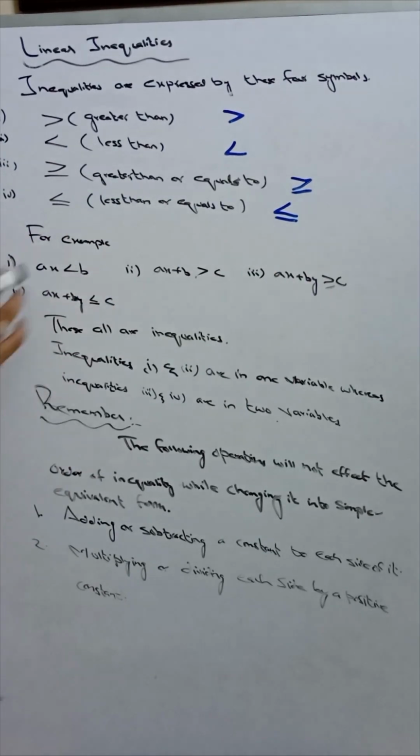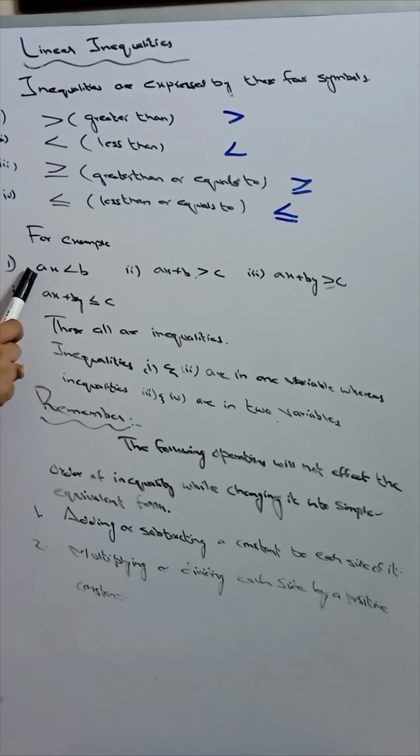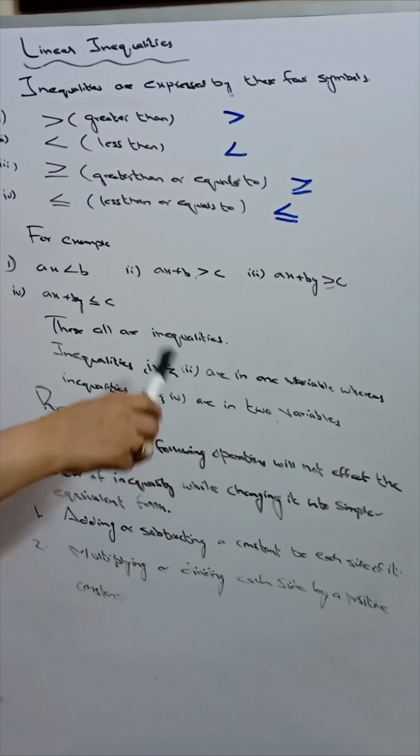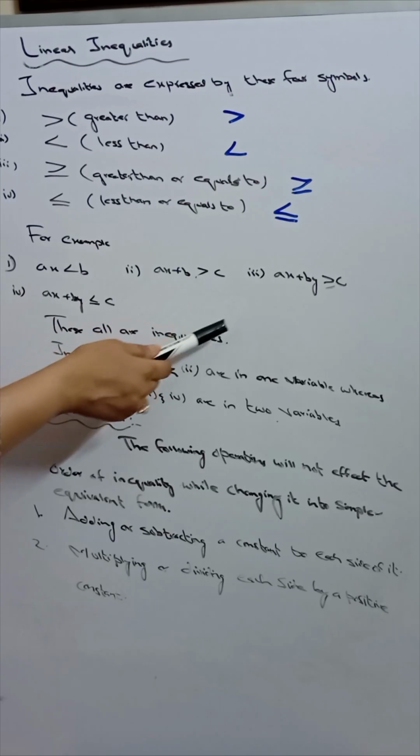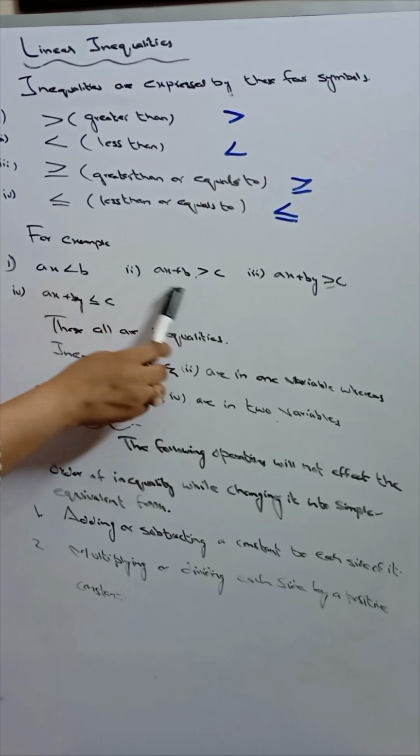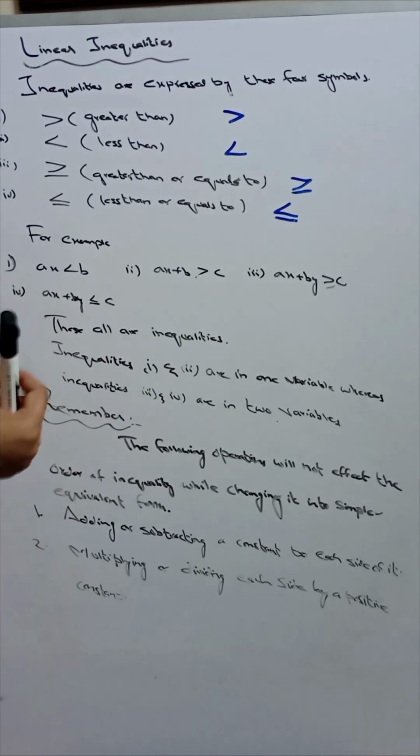These all are known as inequalities. Inequalities number 1 and 2 are one-variable inequalities, because in ax less than b and ax plus b greater than c, both have one variable, that is x.